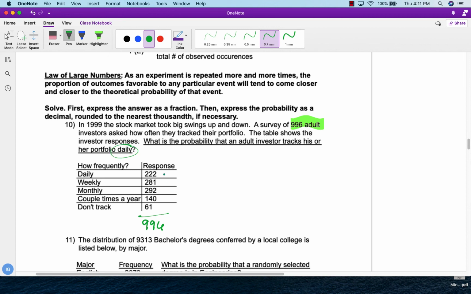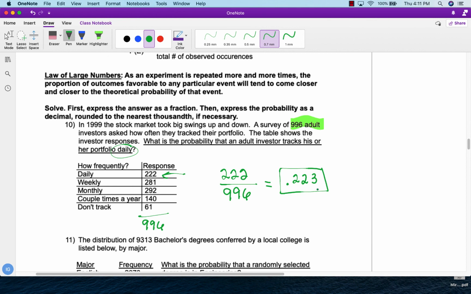So the number that checks daily is this many, so 222 over the total number of adults that were taking the survey, 996. And we're going to divide this, and we're going to round to the first 3 decimals. Now if you do that, you should have 0.223, and that is our answer.